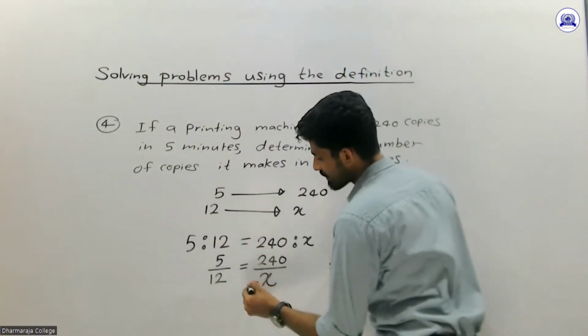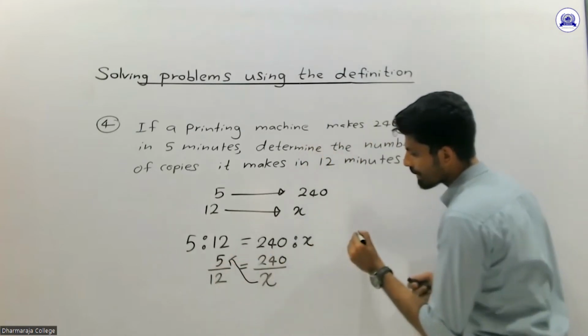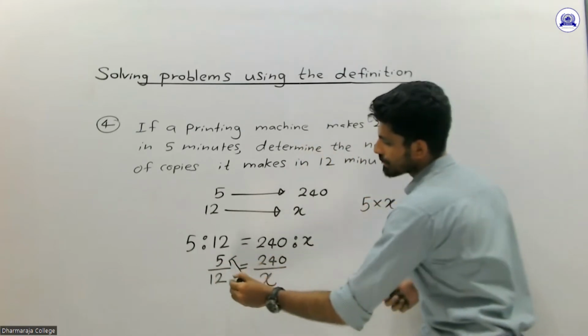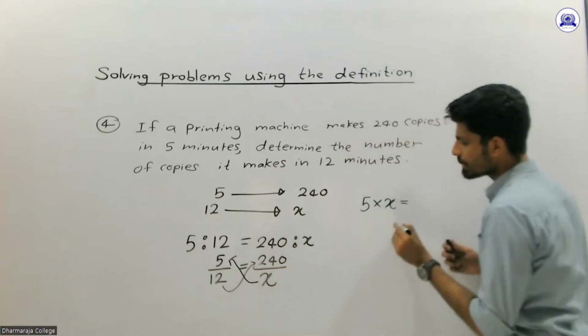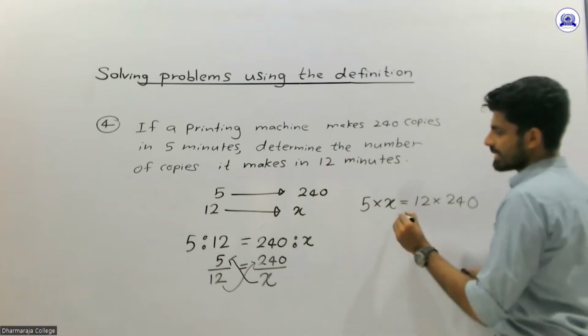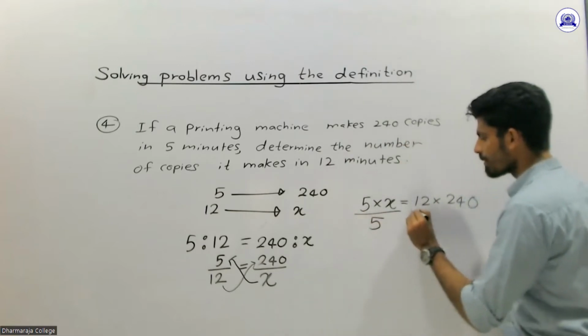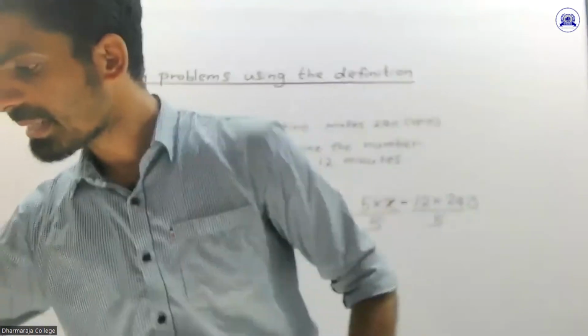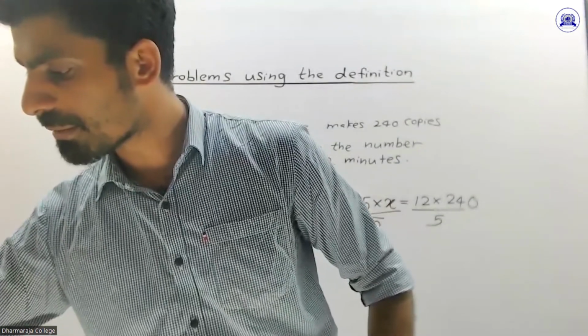Just do the cross multiplication. 5 into x equals 12 into 240. Just dividing both sides by 5.